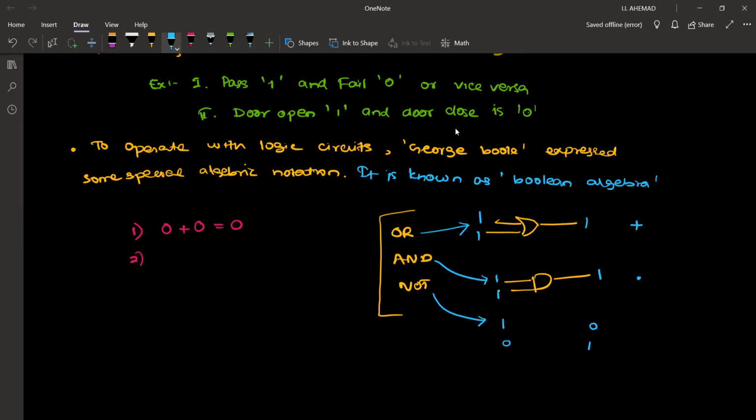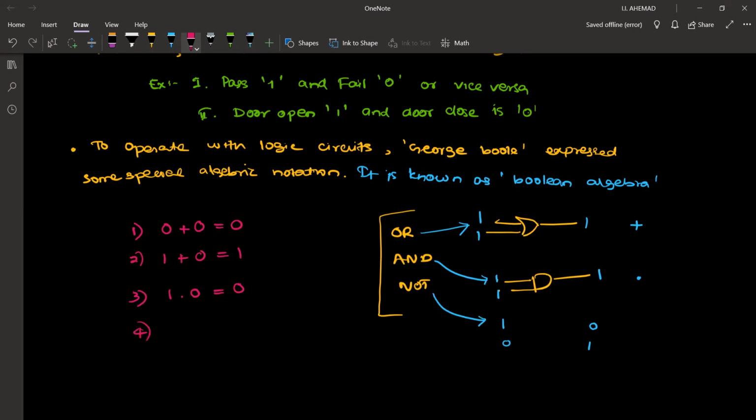Okay. So using this idea, look, the first one, 0 or 0. Obviously, it is going to be 0. 1 plus 0 will be 1 because at least one of them is high. Third, 1 dot 0. If both of them are high, then only it will be 1. Here only one of them is high, therefore the output is 0.